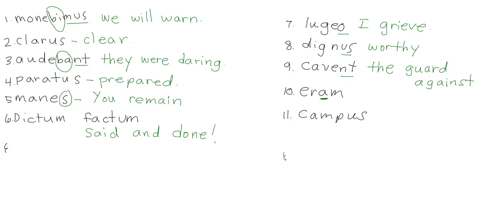Was has an A, eram, an A, was. So this is I was. I was a little girl. Now I'm old. There it is. I was. And campus, campi. It's a masculine noun. Level, space, field, or plain. So you can have either of these. Field or plain. There we go.